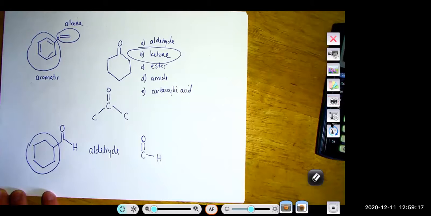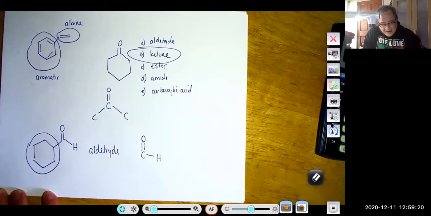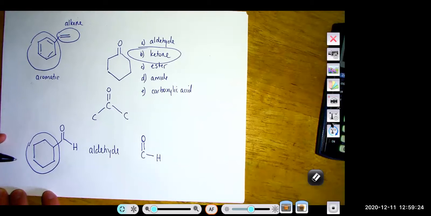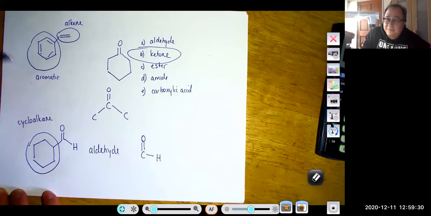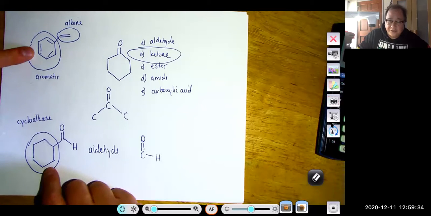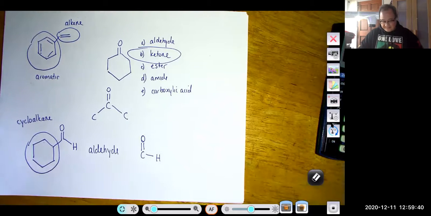No, oh wait, this is an aromatic. Does this have the 3 double bonds in it? Oh, no. So this is a cycloalkane. But thank you for being brave enough to be wrong. But that allows us to point out the difference between the two. Capiche? You need to have these 3 double bonds to be aromatic.